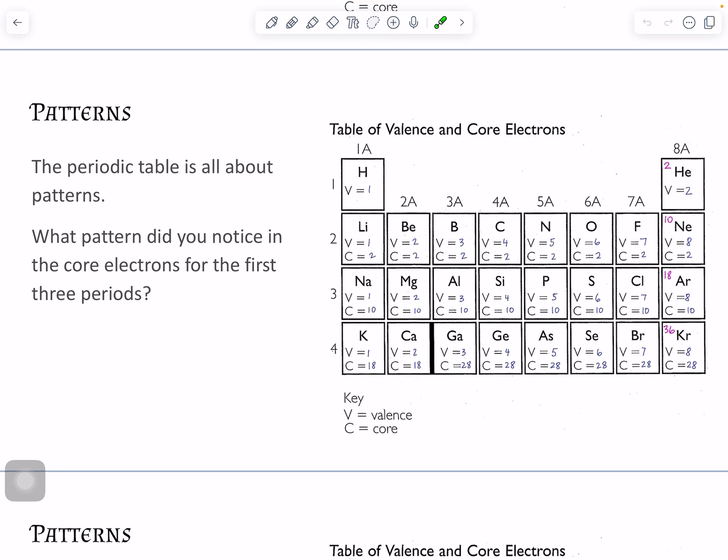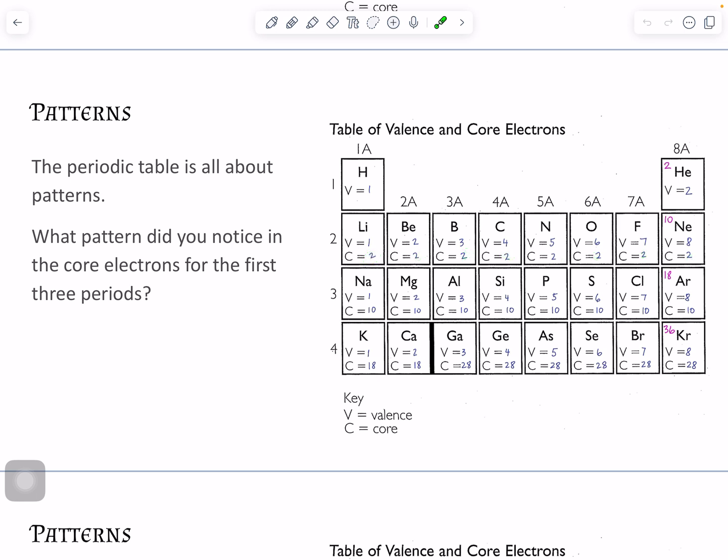Now, what pattern did you notice for core electrons for the first 3 periods? So 1, 2, 3. Hopefully you noticed that they always have the same number of core electrons. In period 1, I have 0 core electrons. In period 2, every single element has 2 core electrons.